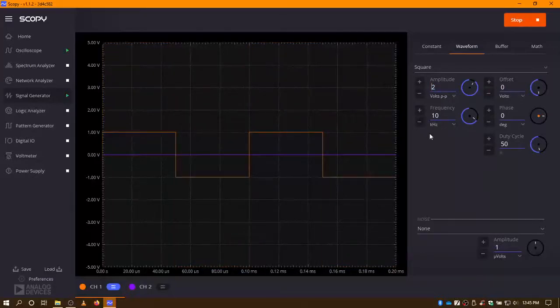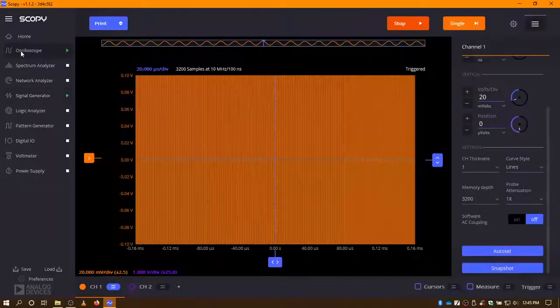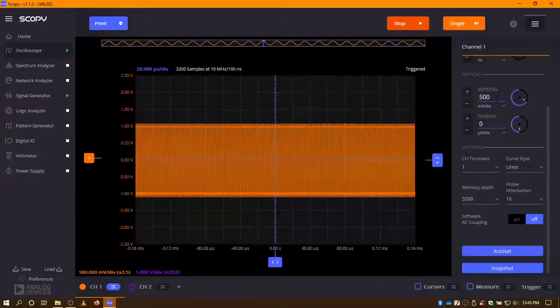Okay. Right now my frequency is set to 10 kilohertz. I'm going to set it to 1 megahertz. Take a look at it on the oscilloscope again. Okay, as you can see we're slamming, so I have to adjust my voltage per division.